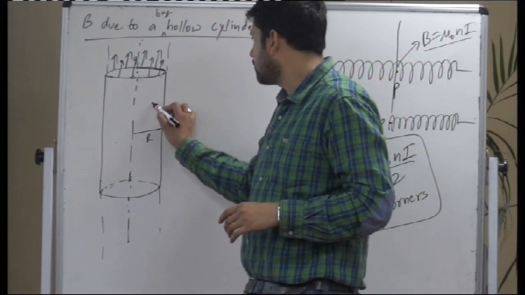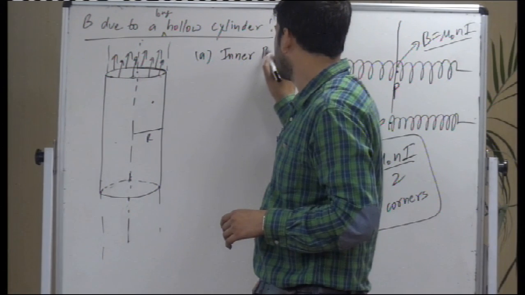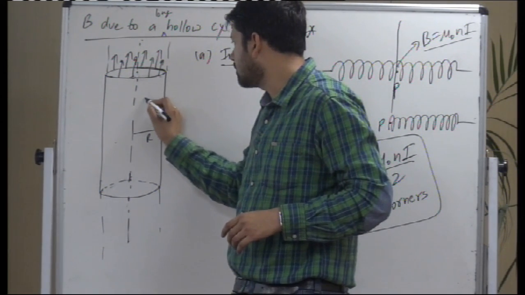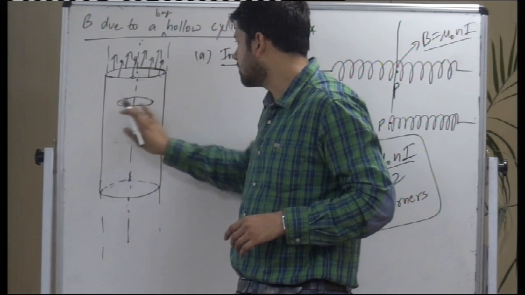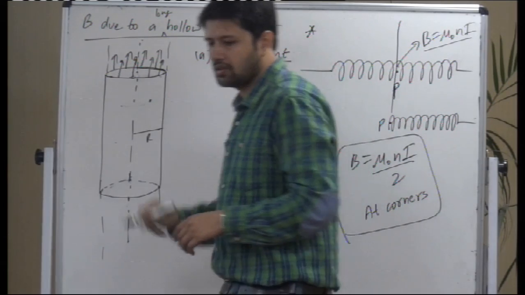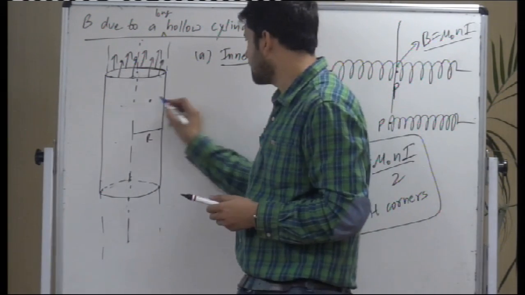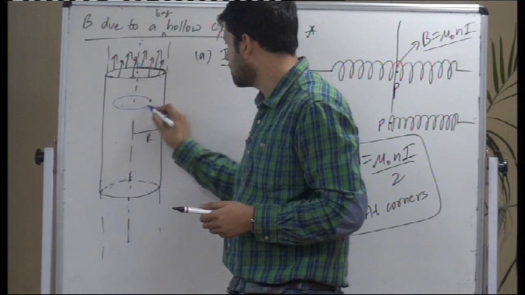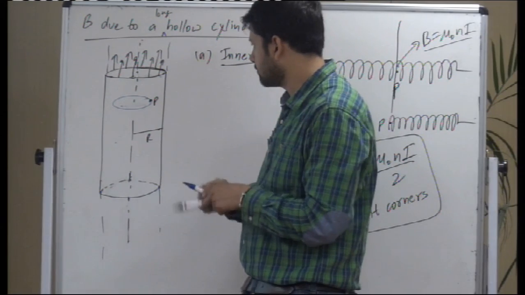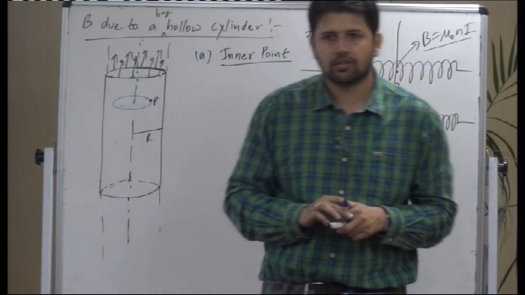Okay, for an inner point, the loop would be like this, a symmetrical loop. Let's draw it using blue color to differentiate it. This is the loop for the inner region.